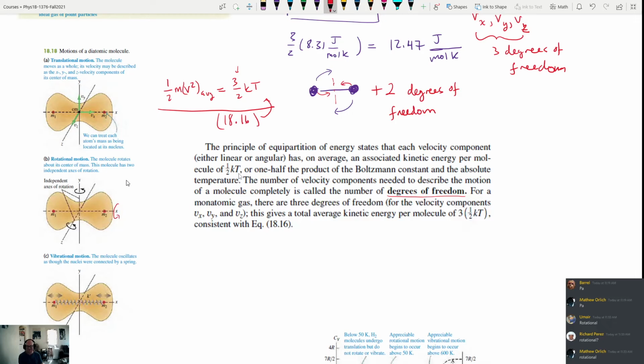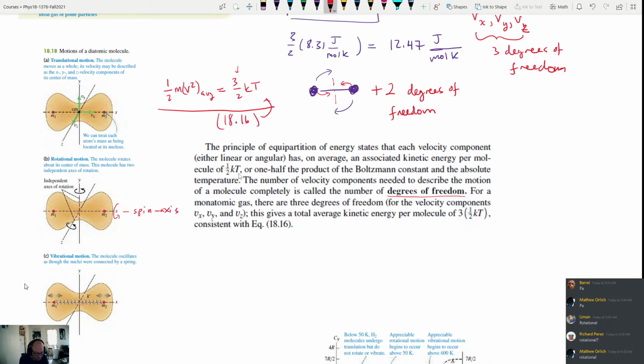I think what they say is that we're going to assume that this is the spin axis. They're really vague about this in the textbook. What do they exactly say? I think what they're implying is that the spin axis is the kind of intrinsic spin of the molecule. I want to read exactly what they say because I didn't include it here. It says, for a diatomic molecule, there are two possible axes of rotation perpendicular to each other and to the molecule's axis.